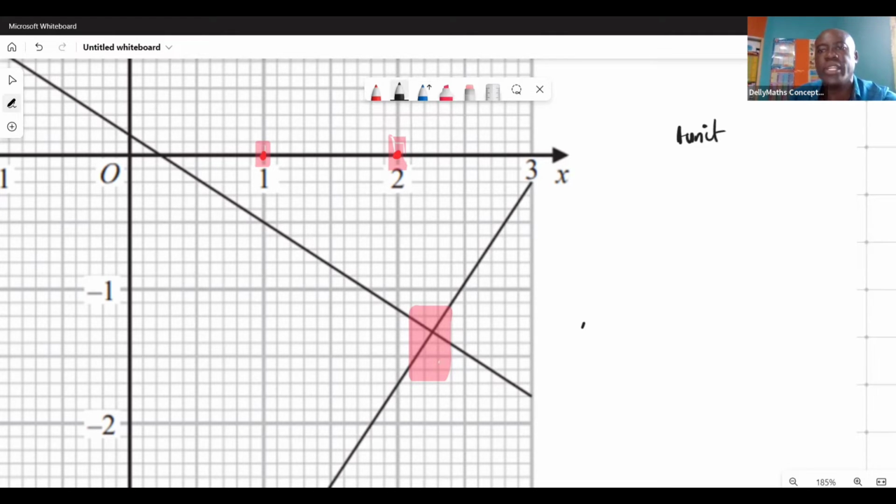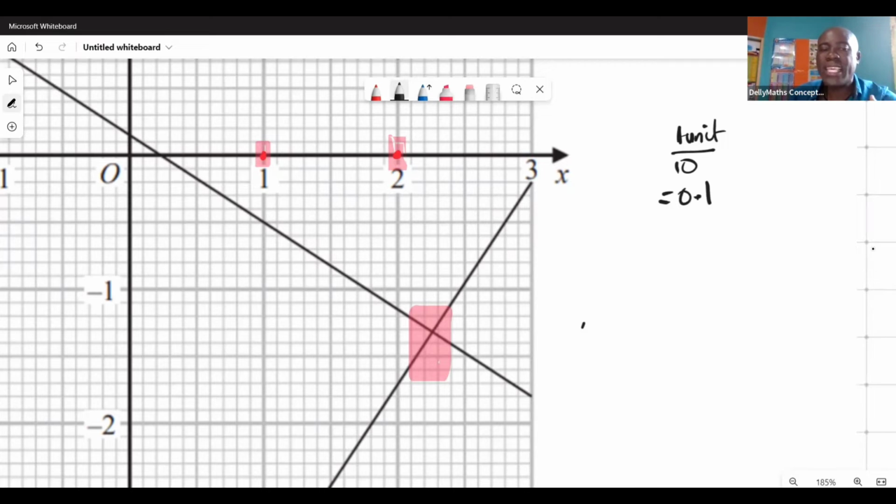That 1 unit was divided into, let's check how many pieces: 1, 2, 3, 4, 5, 6, 7, 8, 9, 10. So that 1 unit was divided into 10 equal pieces. So we simply divide that 1 unit into 10, and we get 0.1.